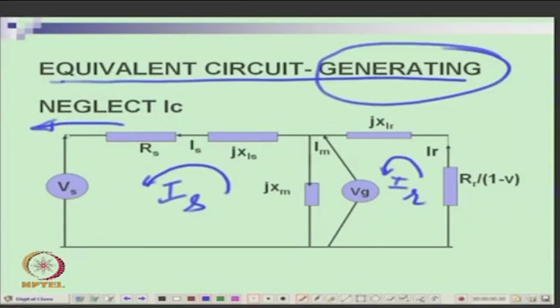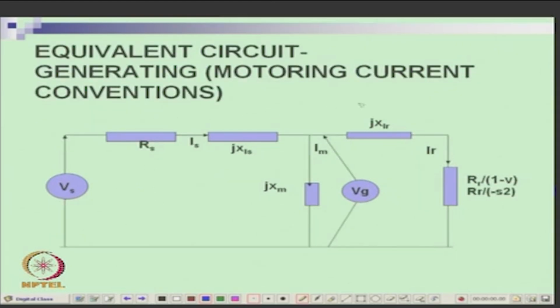So, the current is going out of the source. In a normal generator, the convention is the current is going out of the source, which is opposite to what was motoring. And if it is motoring convention, then it will be this one, we have already seen this.